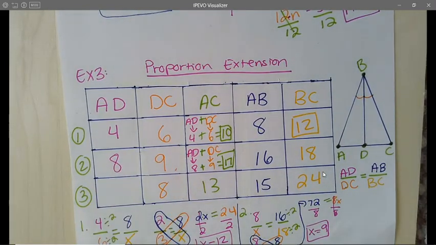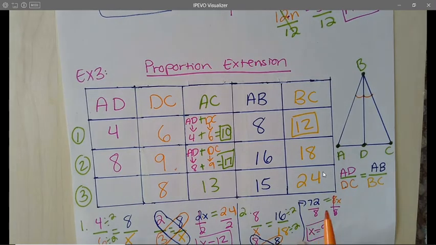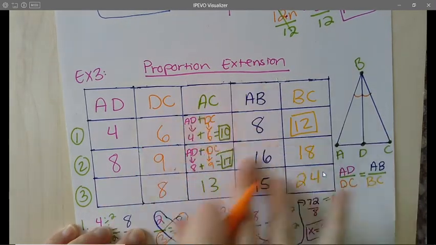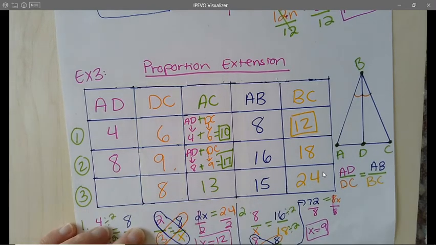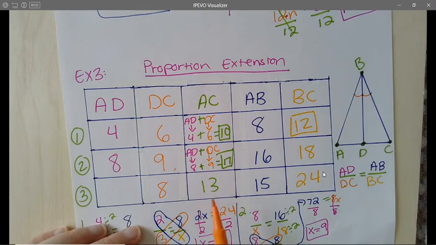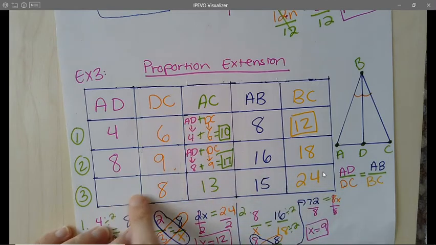Now, I'm still missing one side, which is unfortunate because we're almost there. We got the whole table filled out except this lonely spot right here. Do you see anything in the table that might help me find AD? Well, we know AC is 13, and we know that the way we find AC is by adding together AD and DC.